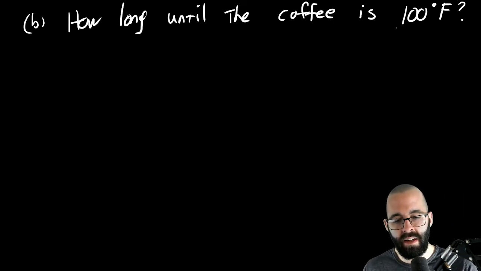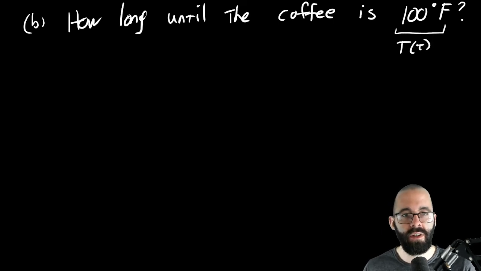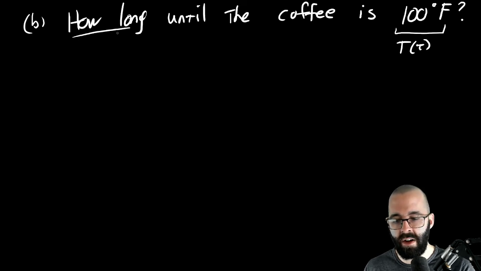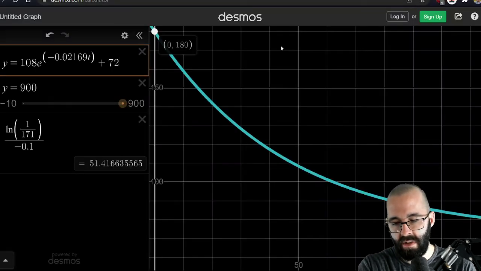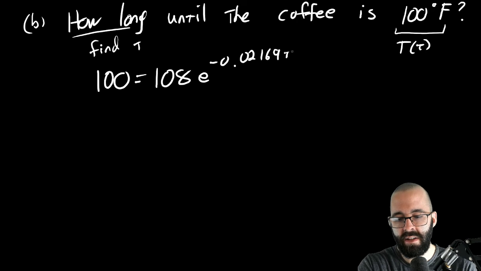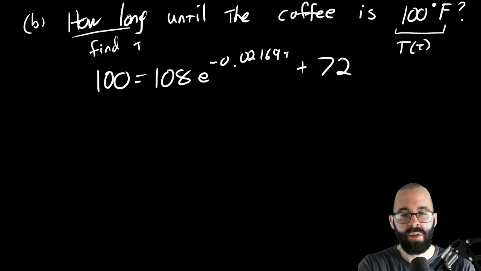This is asking when is T of t equal to 100 degrees Fahrenheit, right? How long wants us to solve for t. So you can do that. When is 100 degrees Fahrenheit equal to 108 e to the negative 0.02169t plus 72? Solve for t.